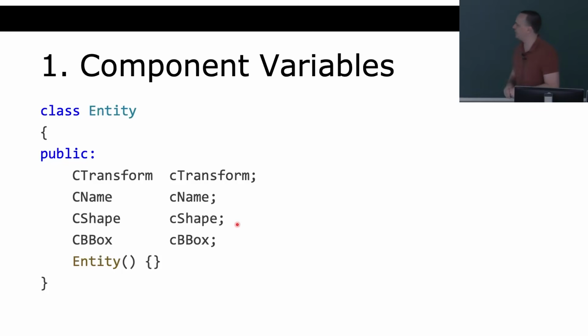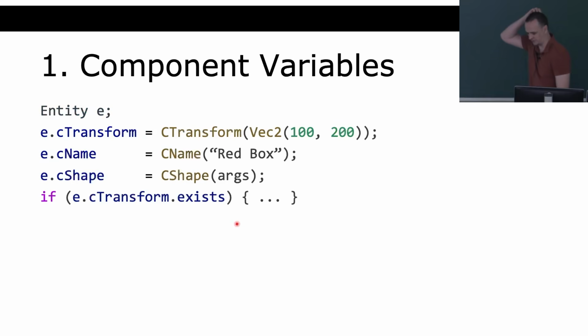So one of the downsides of a system like this is that our components would need to have a variable in them to say whether or not it actually has been added. The variables are always going to exist as data in the entity, but whether or not we have said add this component to the entity is a variable that we will need to store. So let's have a look at that.